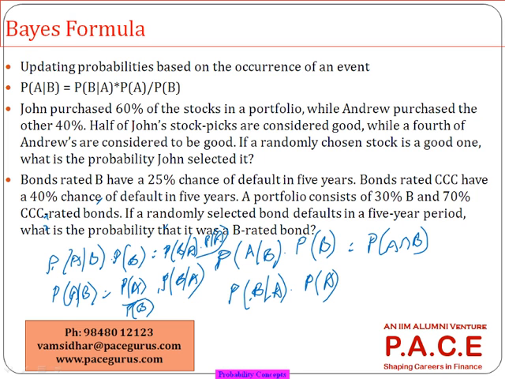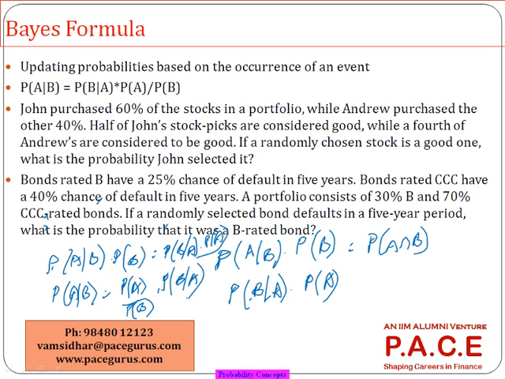If I want to find out the probability of A given some B has already occurred, if I know its reciprocal, probability of B given A has already occurred, and the unconditional probabilities of both the events, I can very well find out the probability of A given B has occurred.